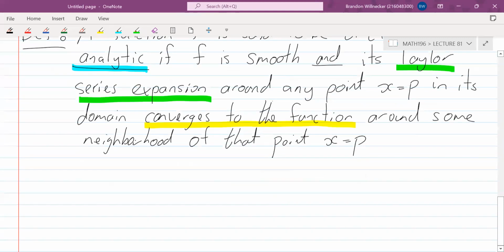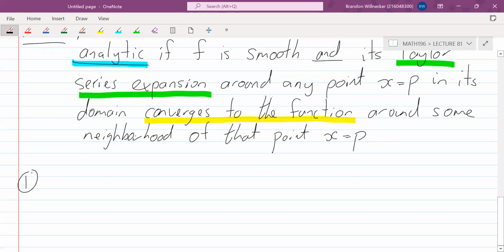Okay, so first thing, what is a Taylor series expansion?